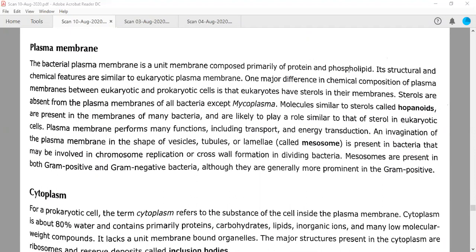In eukaryotes and prokaryotes they have similar function, but not exactly similar molecular makeup, because one major difference in chemical composition of the plasma membrane between eukaryotes and prokaryotes is that eukaryotes have sterols in their plasma membrane, whereas bacteria generally do not. So now the question is, if they do not have sterol, then what do they have?